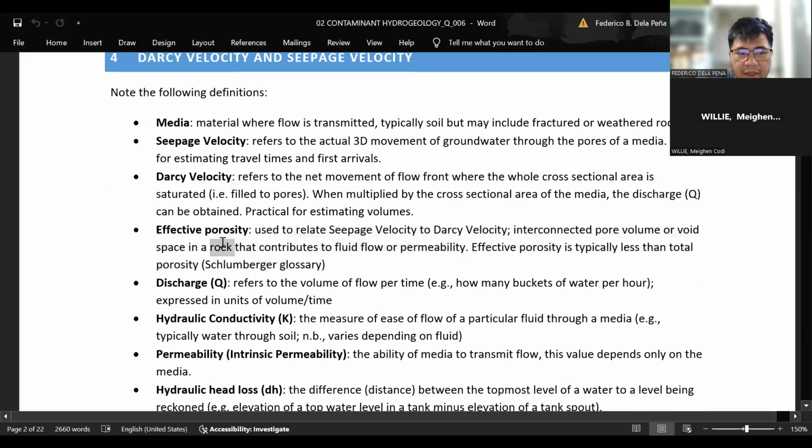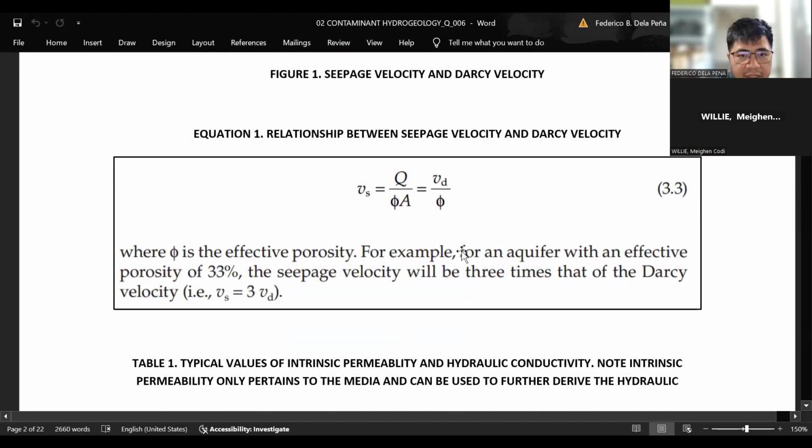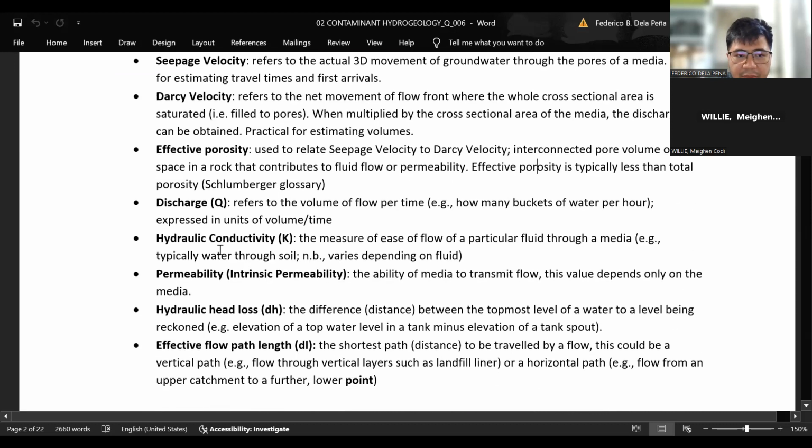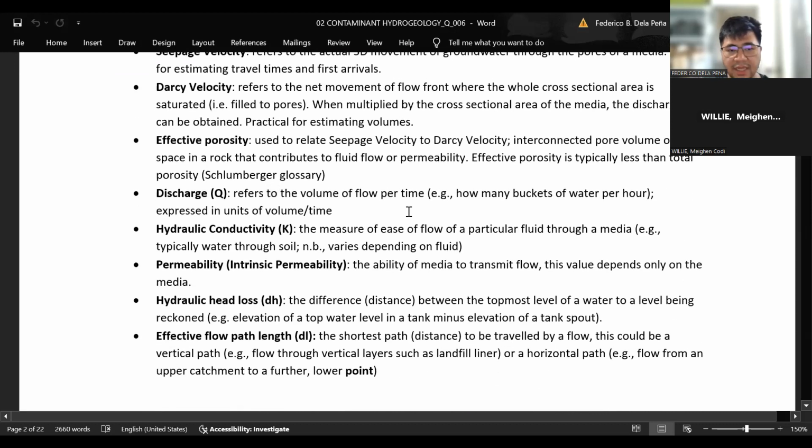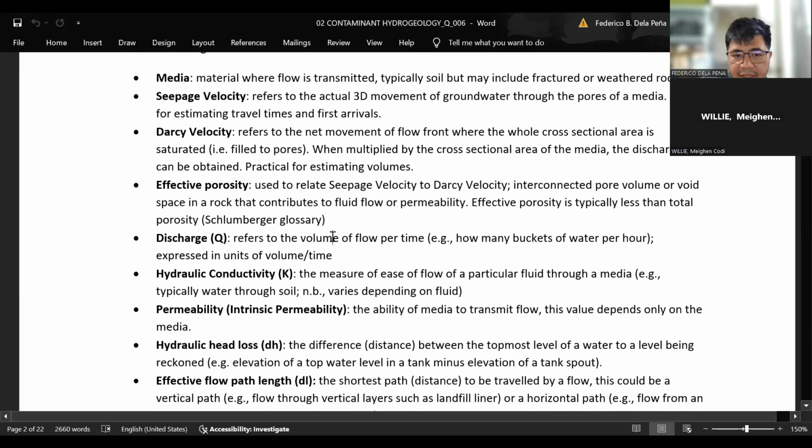Effective porosity, on the other hand, is related to the seepage velocity. So effective porosity by definition is the interconnected pore volume or voids that can contribute to the permeability. Okay. And then discharge is the volume of flow per unit of time. Okay. So volume per time.